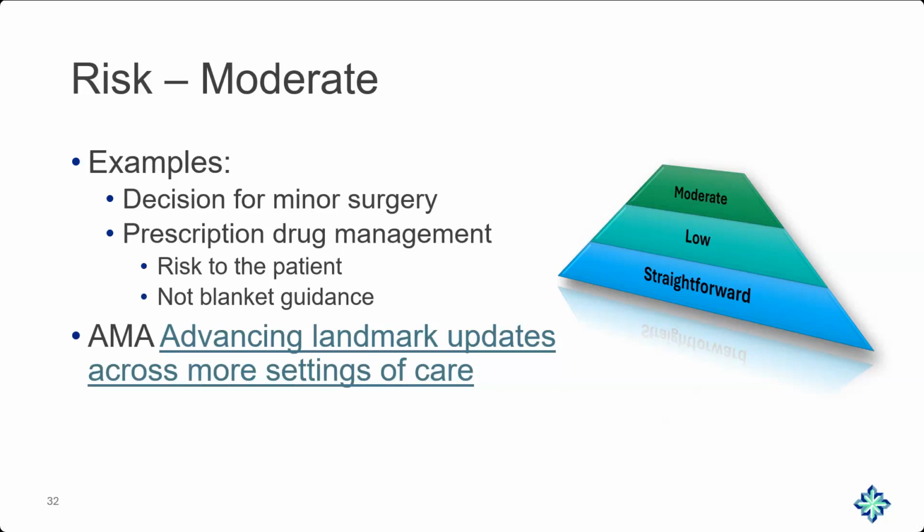A simple surgery, for example, someone's having gallbladder removal. For an otherwise healthy patient, a laparoscopic removal is a pretty straightforward service, and it's not a big risk for the patient. However, if you've got a patient that's got other health issues, maybe they've got breathing issues, they've got heart issues, this same procedure could actually be a little bit higher risk for that patient.